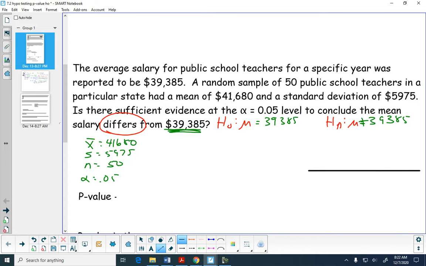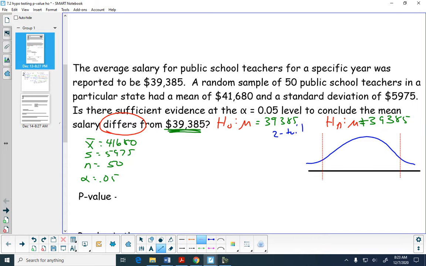So if we draw our bell-shaped curve, is this going to be a one-tail or a two-tail test? Owen, would this be a one-tail or two-tail? Two-tail. So we're going to get our two tails in there.